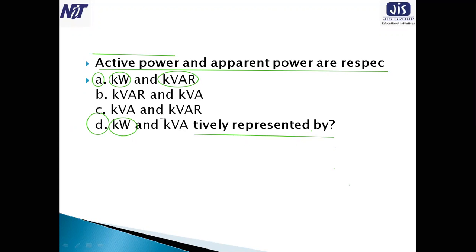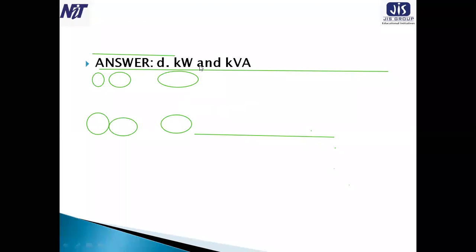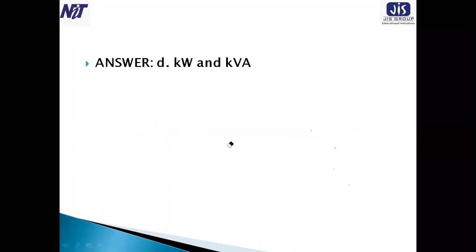So kVA, kilovolt ampere. So D is the answer: kilowatt and kilovolt ampere. So you need to analyze, you need to identify, you have to understand what is given, what is the problem. Then only you can solve it.